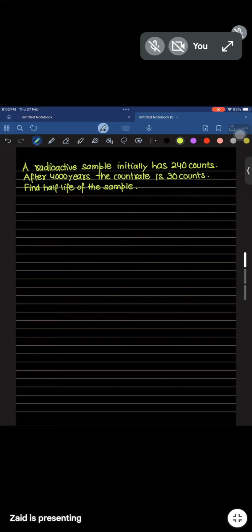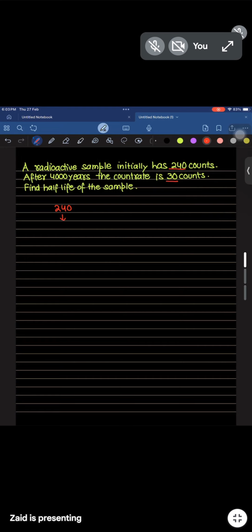So we are supposed to find the half-life, like how much time it would have taken for it to decrease to one half. Because we are having 4,000 years, let us try to figure out how many times it has been halved. So we can simply do this working. 240 is the initial one, and we have to go to 30.